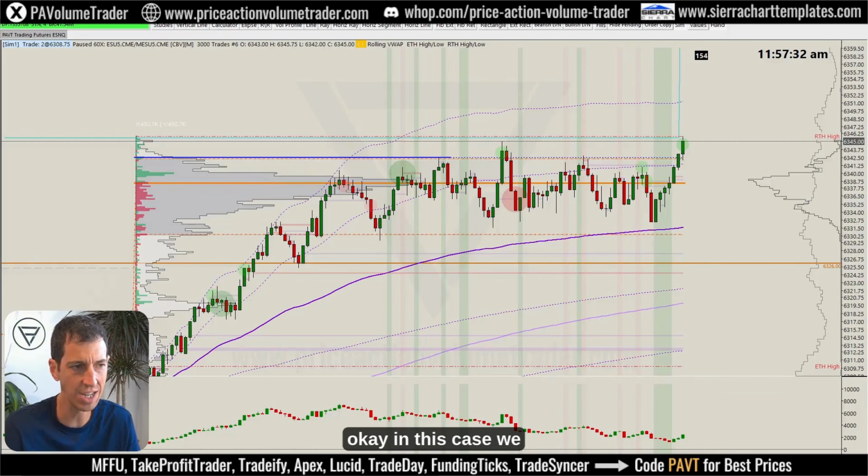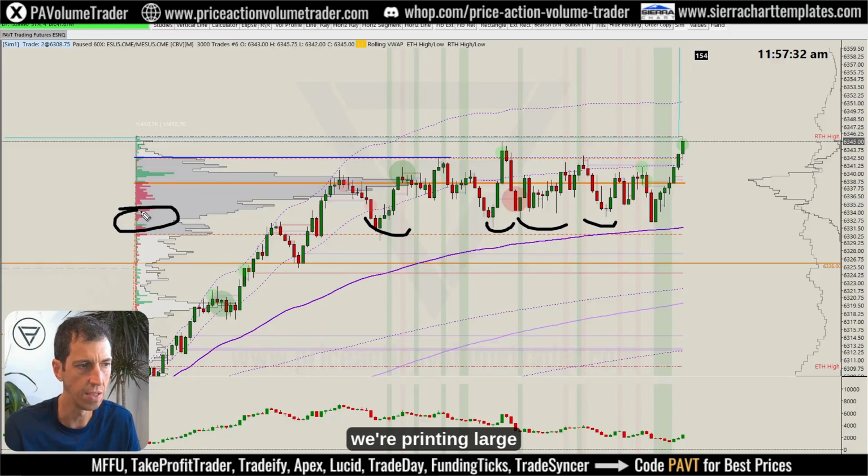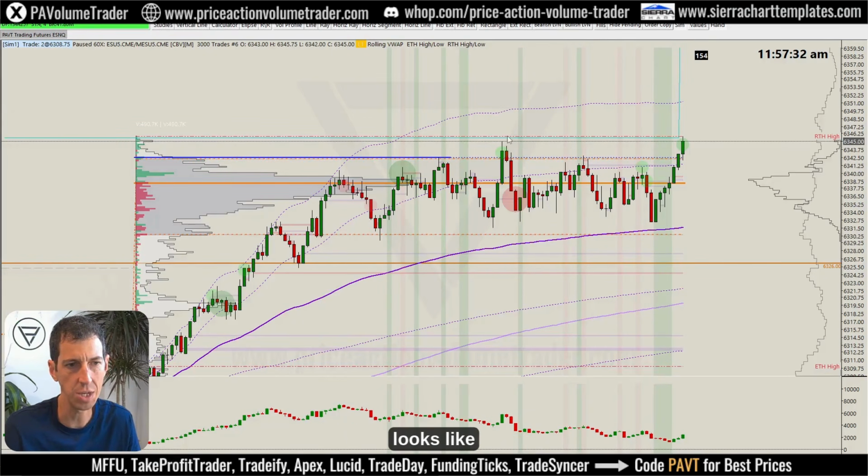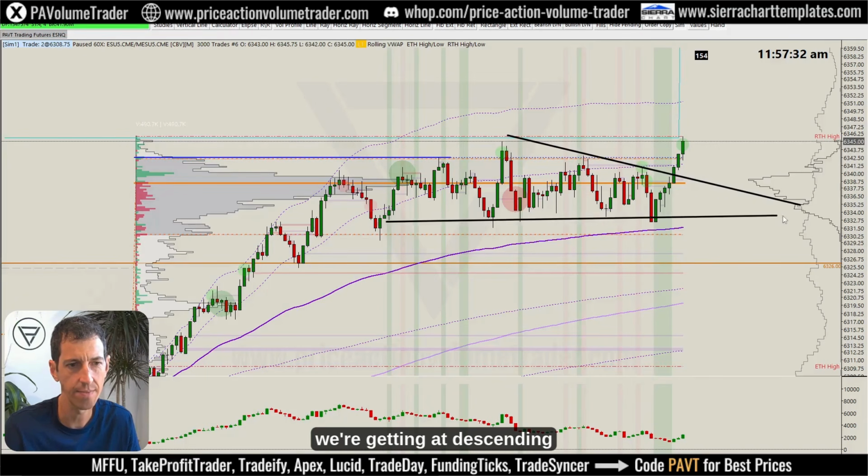Okay, in this case, we can see we've already tested this multiple times. We're printing large aggressive selling at the bottom edge of this node, and price is still holding. Okay, also this looks like we're getting a descending triangle.